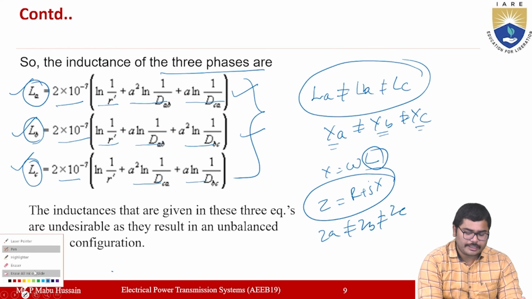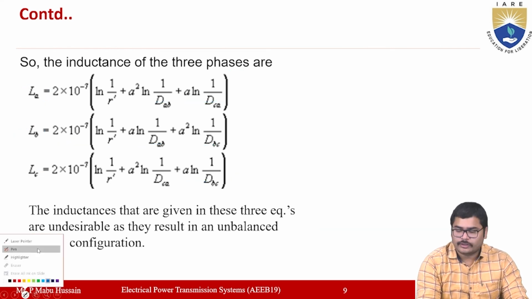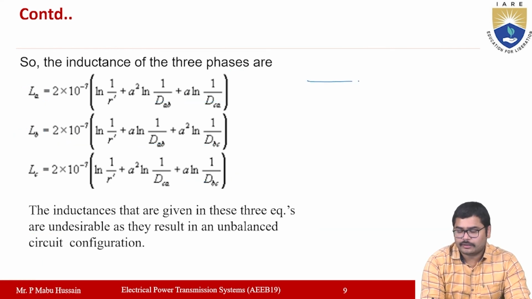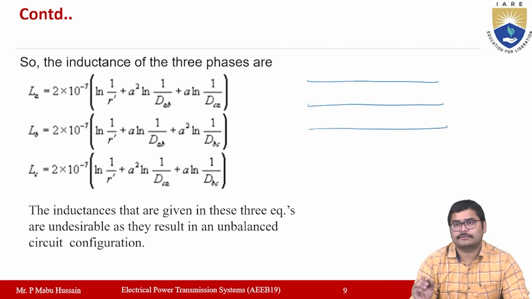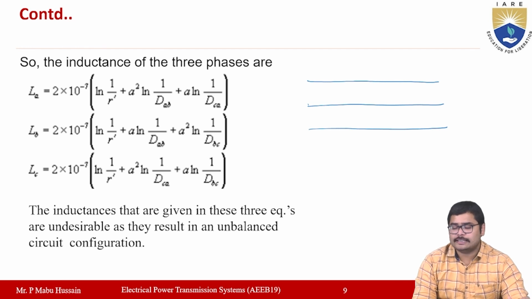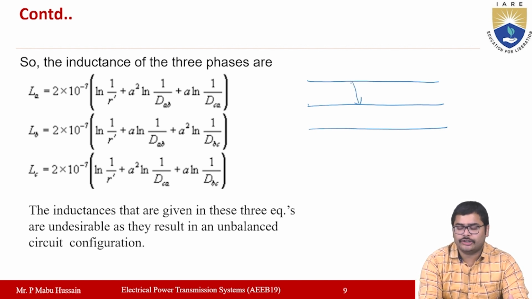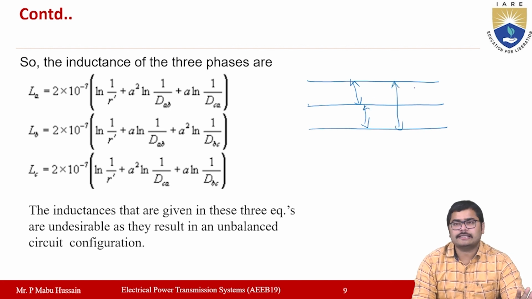If you take a three-phase transmission line in which you have three-phase conductors, consider that this system is an unsymmetrical transmission line. That means if you observe the distance between any two conductors, that distance will not be the same.